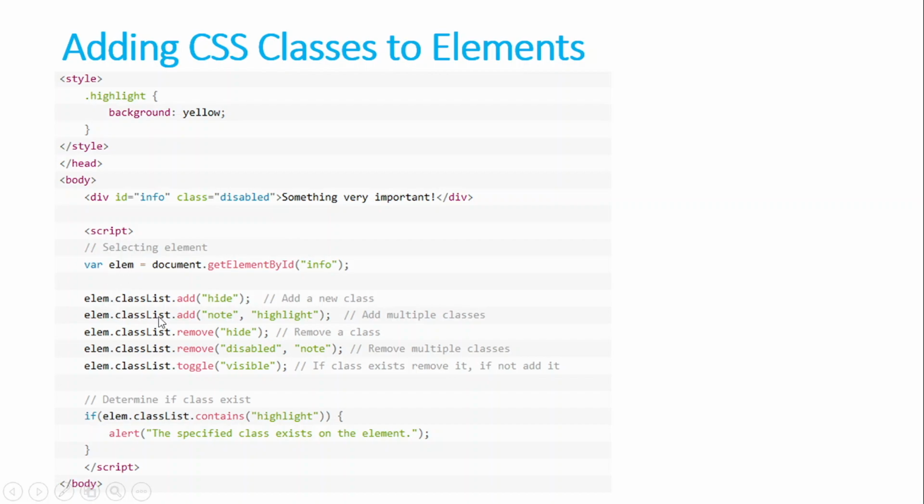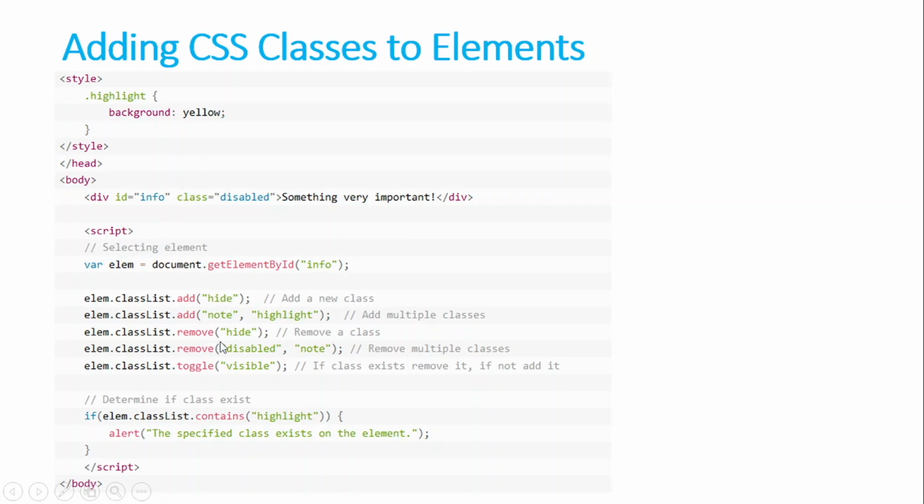You can see this is another way of adding a class. Let's say if you want to add a hide class on this div, you'll be using this classList property here, and after that we have a method called add, and we can specify any class we want to add to this element.